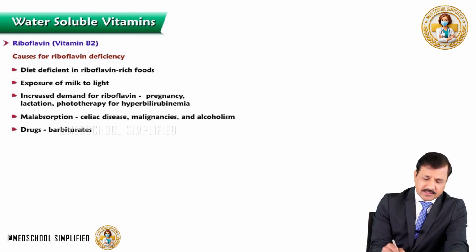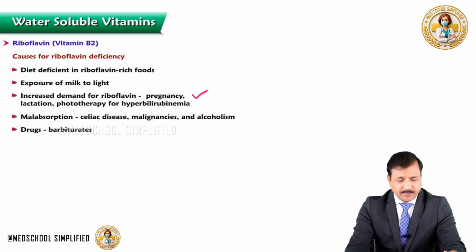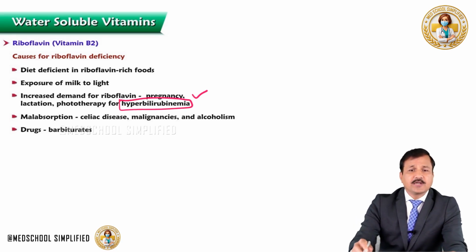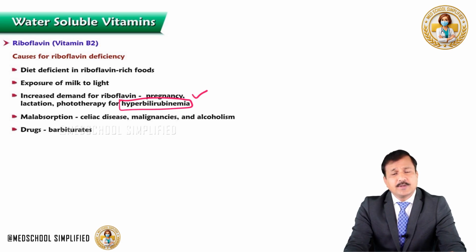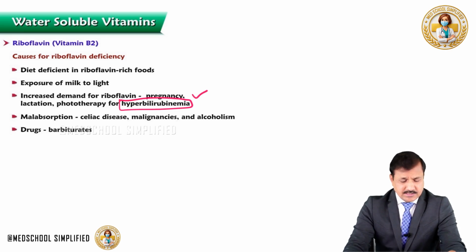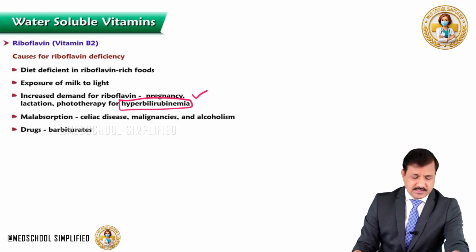Also, whenever there is increased demand for riboflavin, like during pregnancy, lactation, or phototherapy. Whenever we give phototherapy for treatment of jaundice, called hyperbilirubinemia, UV light is given, and that can actually degrade riboflavin present in the blood. So at that time there is a need for riboflavin supplementation.